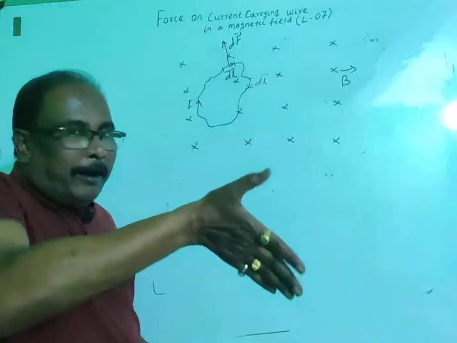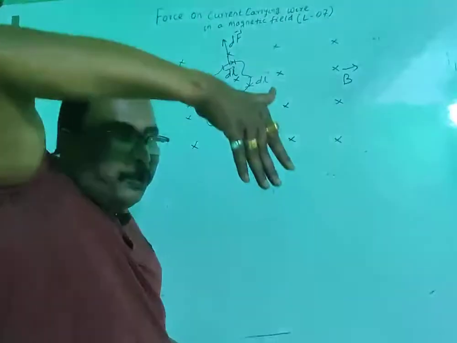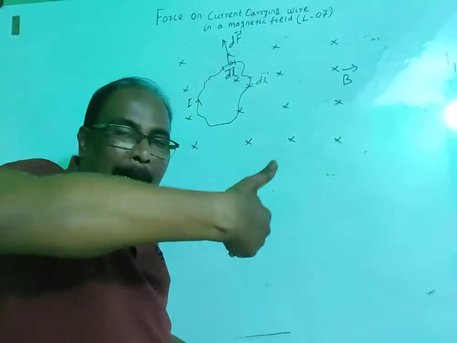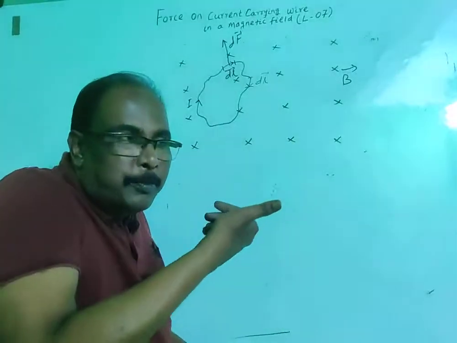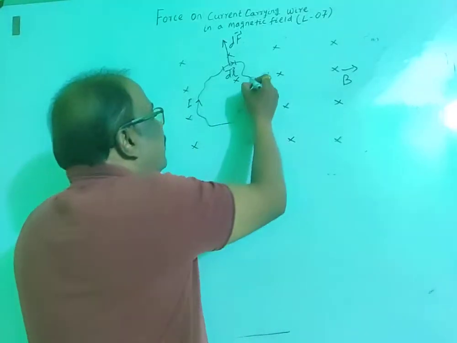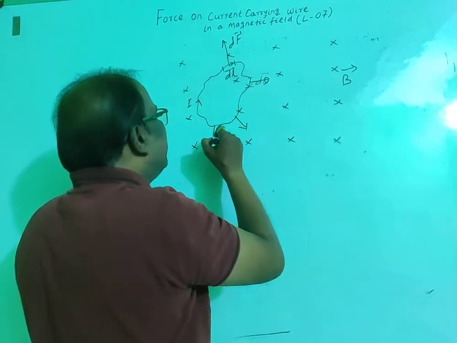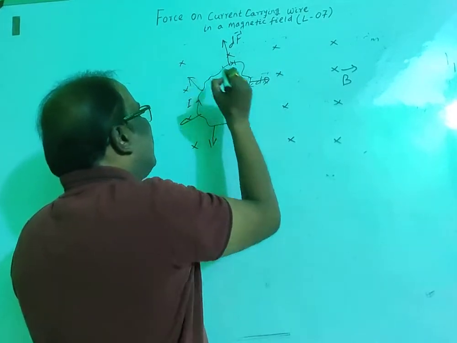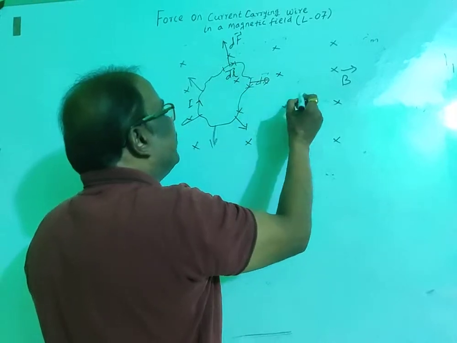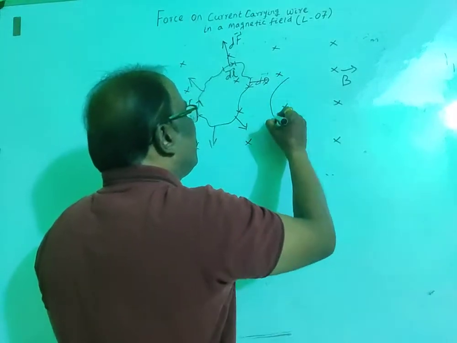This is dl, and the magnetic field is inward. This is the direction of dl, the magnetic field is inward, and dl cross B force is again outward. Every element will experience a force in the outward direction, df, df, df, and finally it will open to a circle.